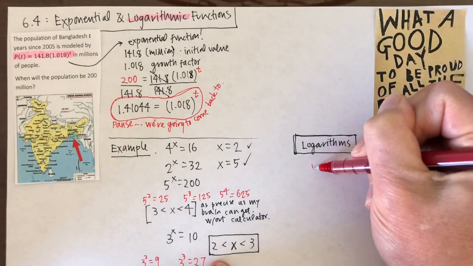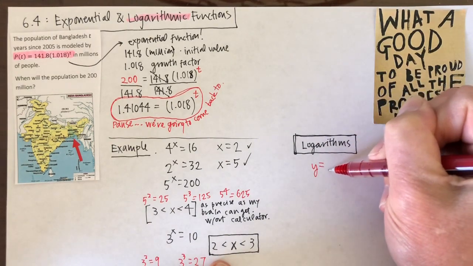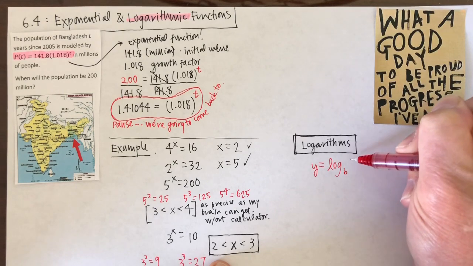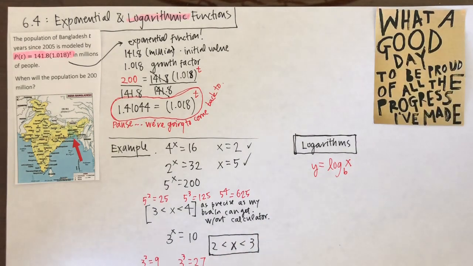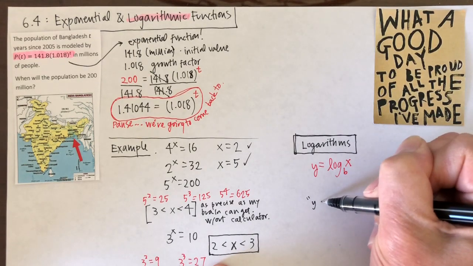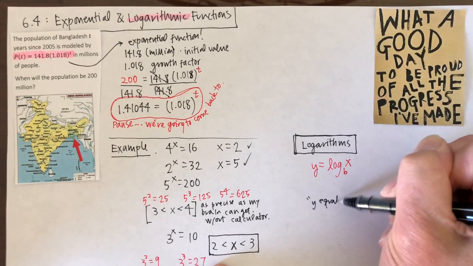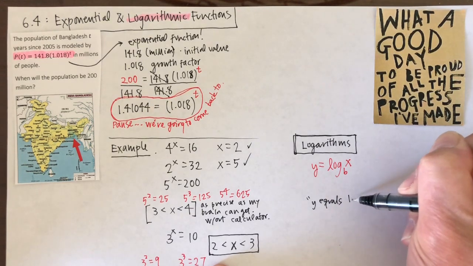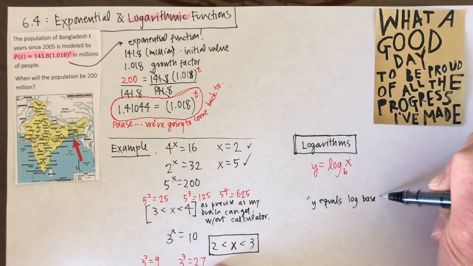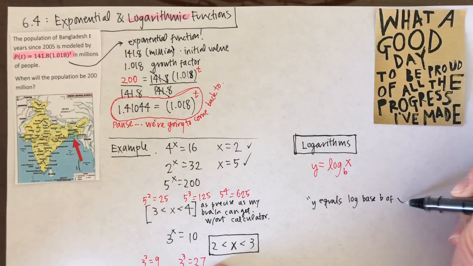So if I write y equals log, L-O-G, with a little base b down here of x, this is read as y equals log base b of x.